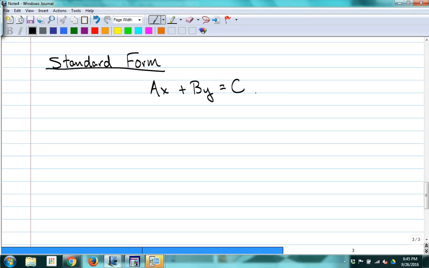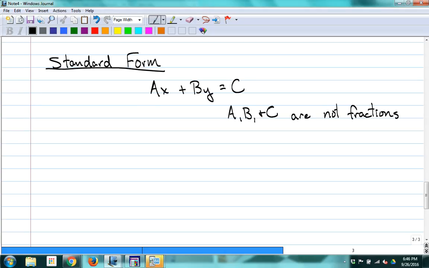And there's one rule to this: a, b, and c, and I use the Oxford comma, if your English teacher tells you not to, take that up with them, are not fractions, which everybody should shout hooray for, because you don't want fractions in your standard form. Slope-intercept form, point-slope form, fractions are kind of commonplace. In standard form, you don't want fractions at all. A kind of side rule here is that a, b, and c can't be divided by the same number.